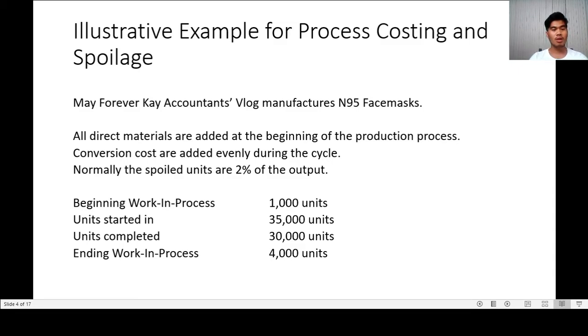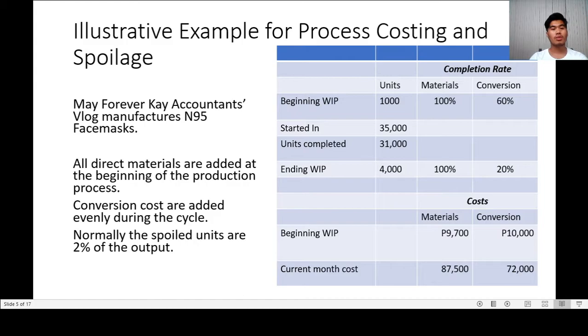So ito, beginning work in process 1,000 units. Units started is 35,000 units. Units completed 31,000 units and the ending work in process is 4,000 units. Yung beginning work in process in units 1,000 has a completion rate of 100% for materials, di ba sabi na yung materials daw are added at the beginning of the production. Katapos daw yung conversion is added evenly during the cycle.